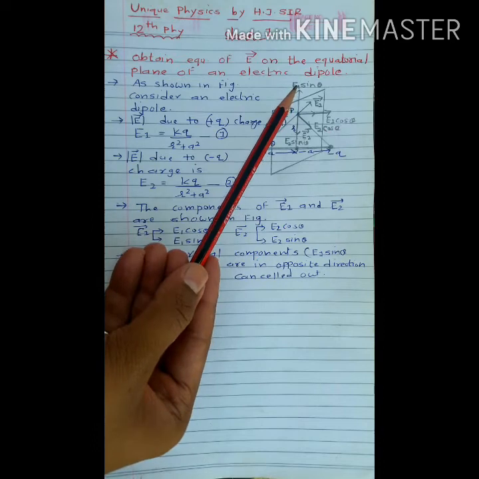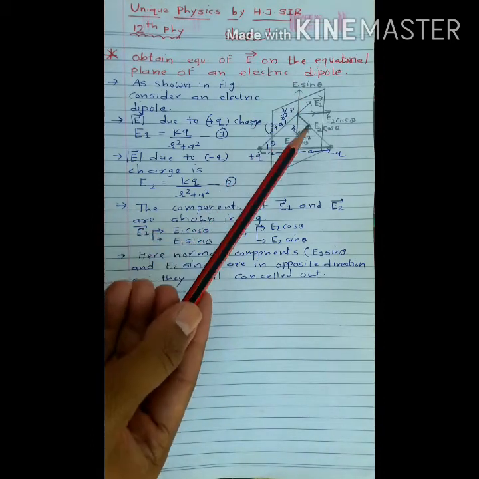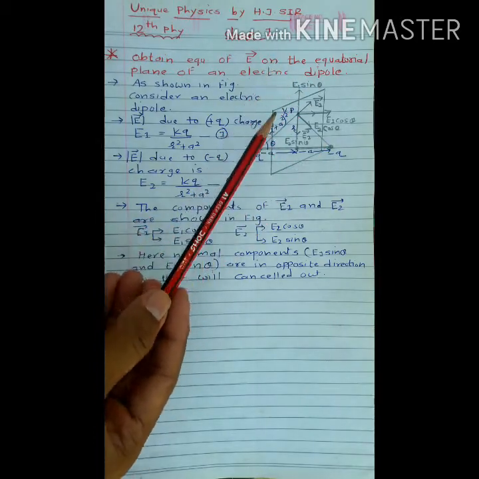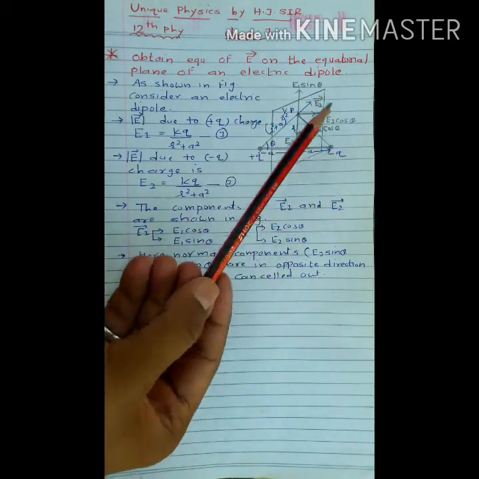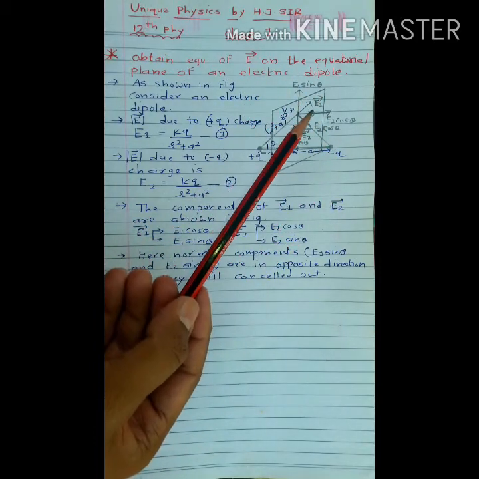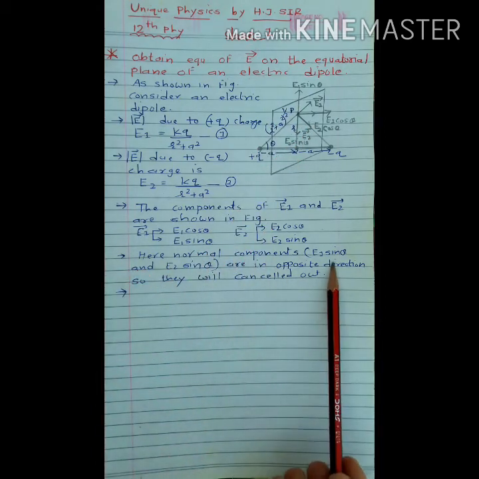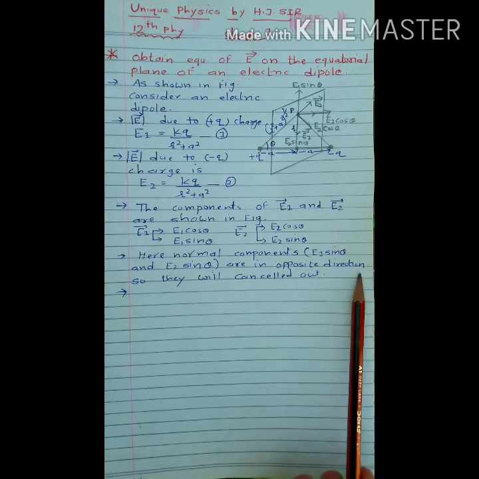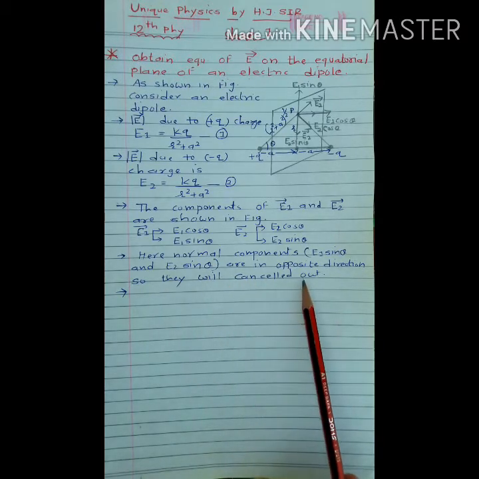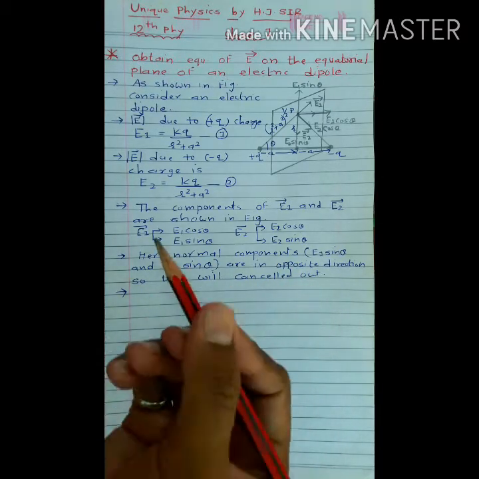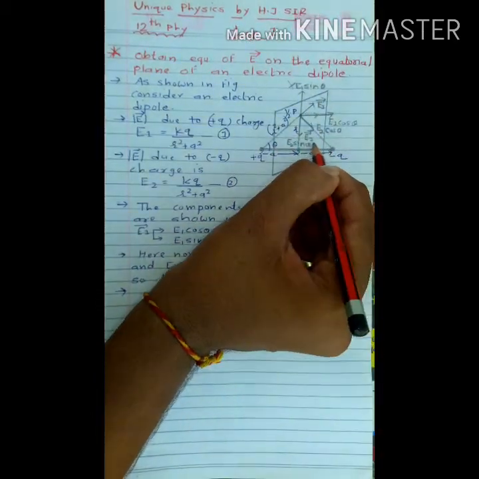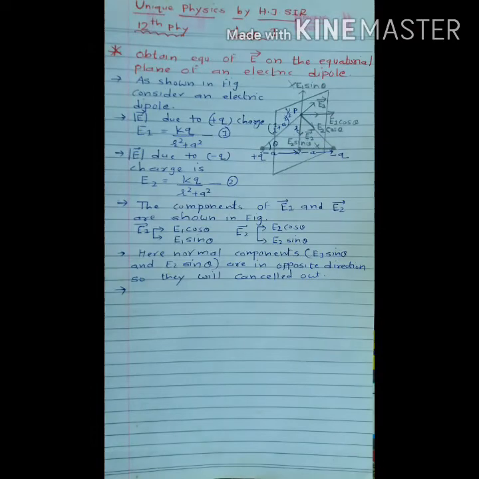Here E1 sin theta is prevailing in the upward direction, and E2 sin theta is prevailing in the downward direction. Both are in opposite directions, and the magnitudes of both components are equal. So the normal components E1 sin theta and E2 sin theta are in opposite directions and have the same magnitude, so they will cancel out. The effect due to E1 sin theta and E2 sin theta will be 0.